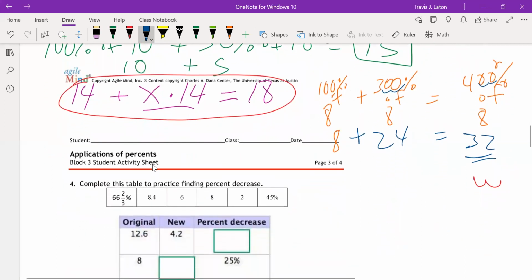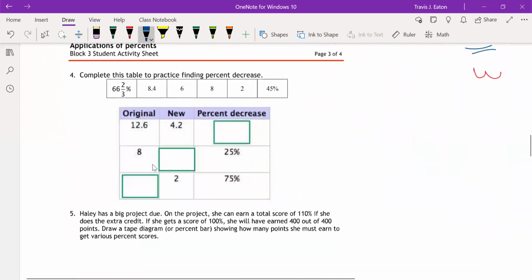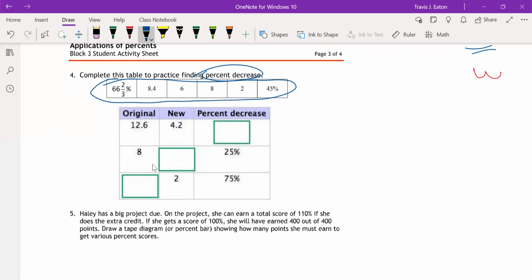Now, let's move on to number 4, because we'll be talking about finding percent decrease. This table of values that we can use to plug in here is nice to have, at least as a way to check whether our answer is somewhere near what it should be. But remember, we're looking at percent decrease.